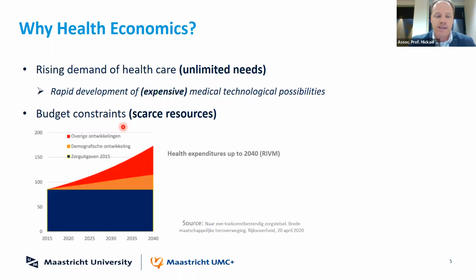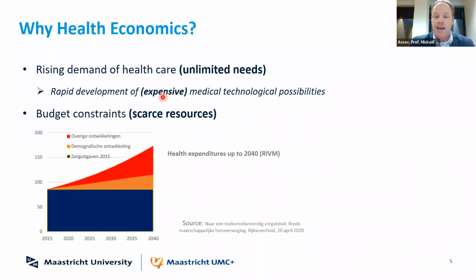As you can see on this figure, in 2015, the health expenditure in the Netherlands was estimated at 80 million euro, and it is expected to substantially increase in the future, to probably double in the next 25 years. And this is due to the increase in life expectancy, but only partially, and mainly to new medical technological possibilities that are more expensive.